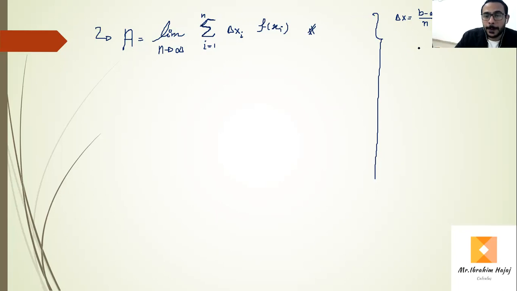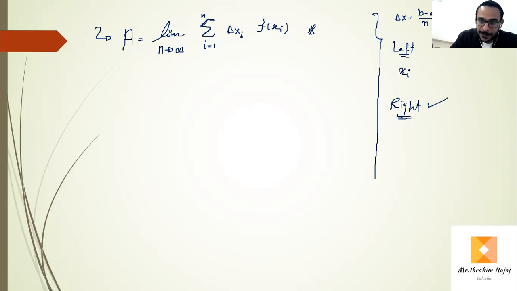The second rule: you have to know, guys, xi, from the right and from the left. By the way, I'm always going to use the right because it's less complicated than the left one.